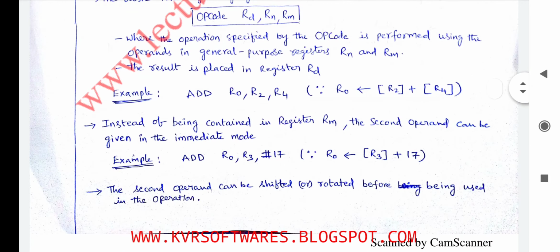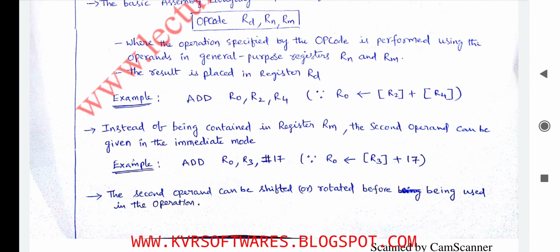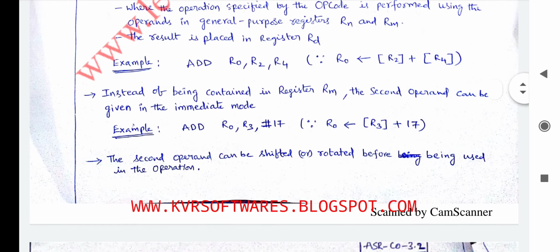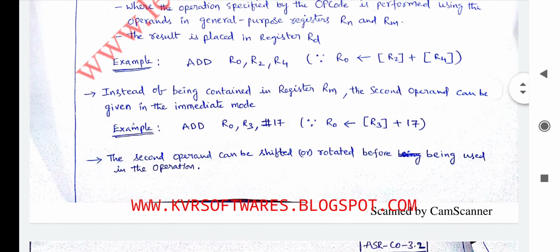Like that, instead of using both the registers as source operands, we can also use one register as well as one immediate operand mode. See example here: add R0, R3, hash 17. See, hash always represents the operand is an immediate operand, which means you have to add 17. This is a value.